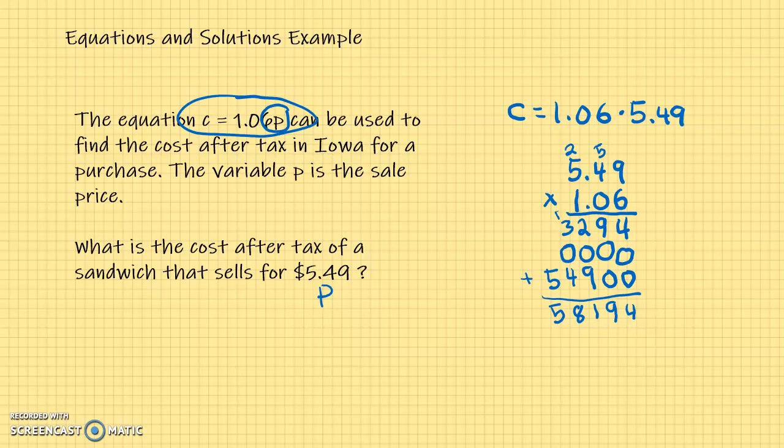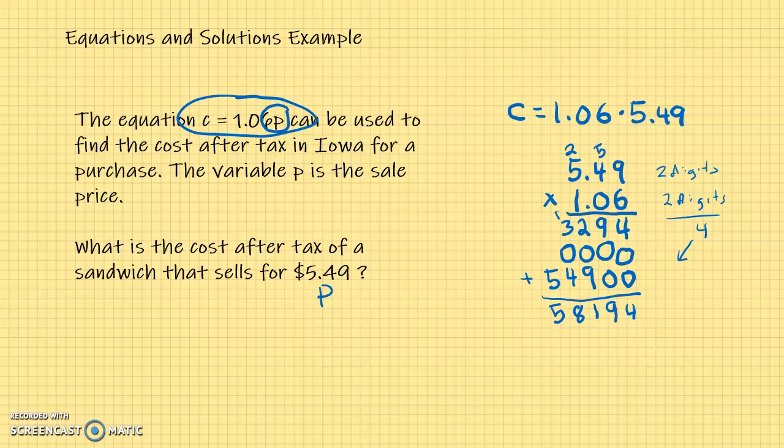Okay, so now we have to determine where the decimal point goes. And the easiest way to do that is to count the number of digits to the right of each decimal point. So here for this decimal point we have 4, 9, so that's 2 digits. And then we have 2 digits to the right of the decimal point here, so we have 2 digits again. Okay, so that's going to be 4 digits. So that 4 we're going to use here.